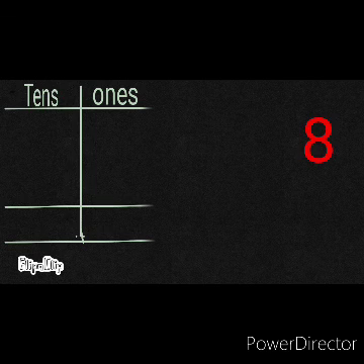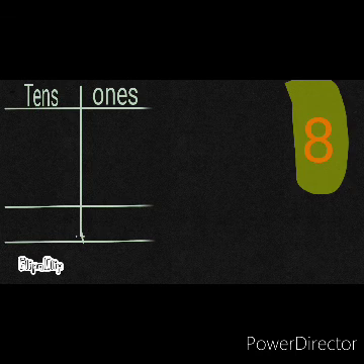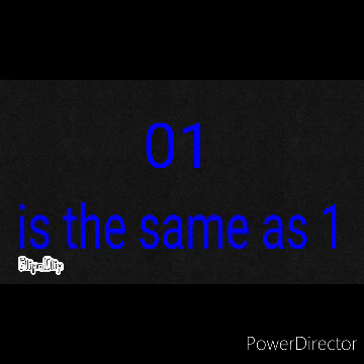This is one digit, which means it should go under the ones column. The tens column has nothing there, so we can leave it like that, or we can put a 0 there. So 08 is the same as 8. 01 is the same as 1. 00 is the same as 0.